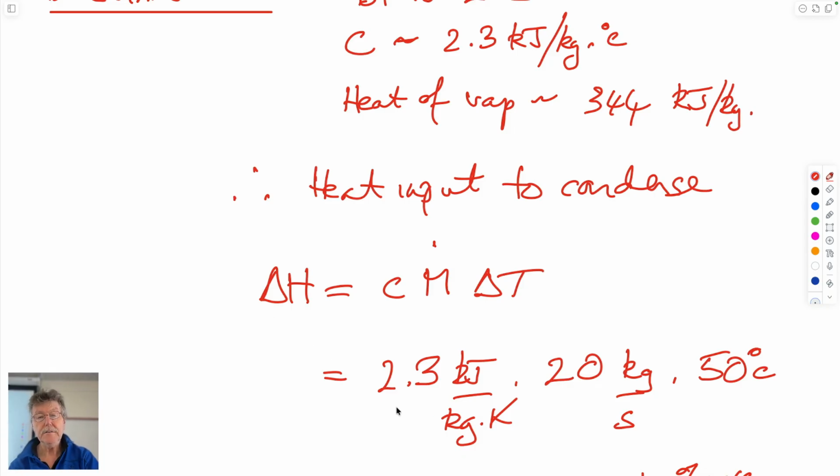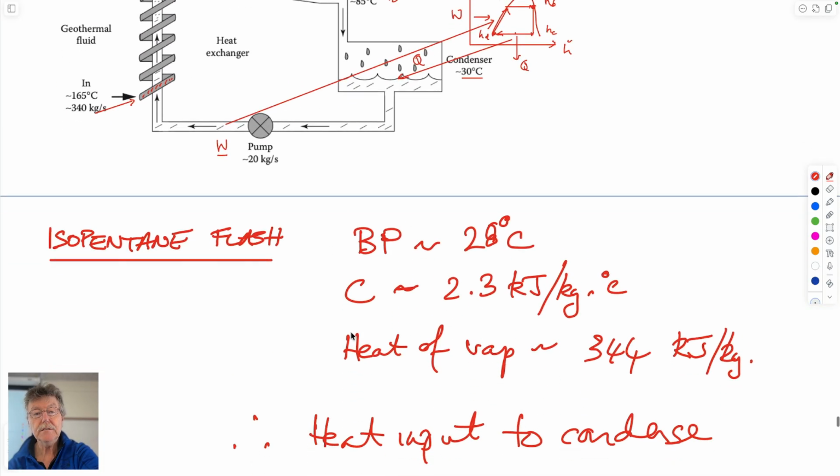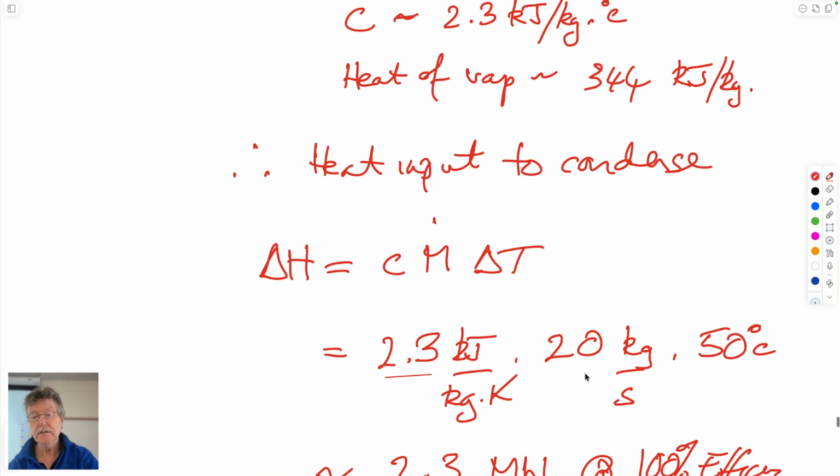So if the specific heat capacity of the isopentane is 2.3 kilojoules per kilogram per degree Kelvin, and you're running it through a pump at 20 kilograms a second, then this is just mass flow rate, specific heat capacity, and the temperature change.